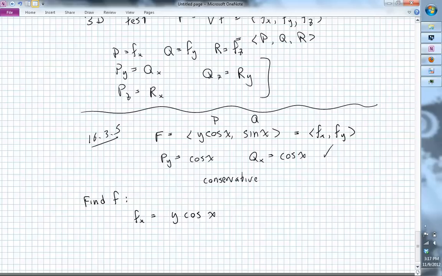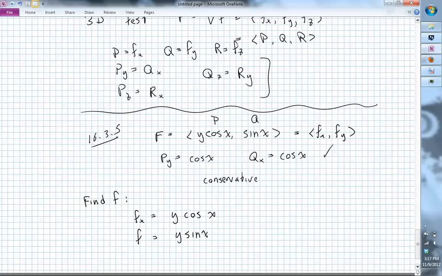If I know f sub x, what's one way that I might figure out what little f is? I'm going to use the word anti-differentiate, instead of integrate. It's a subtlety. I could anti-differentiate with respect to x. So let's do that. What is the antiderivative of this thing with respect to x?